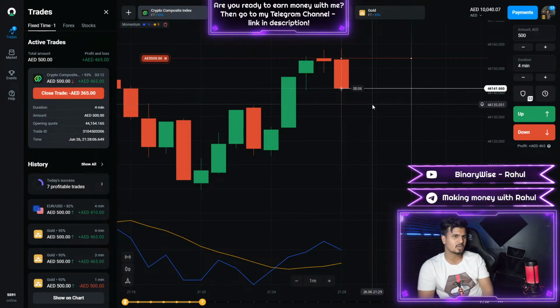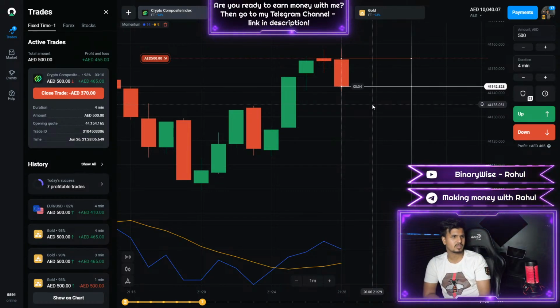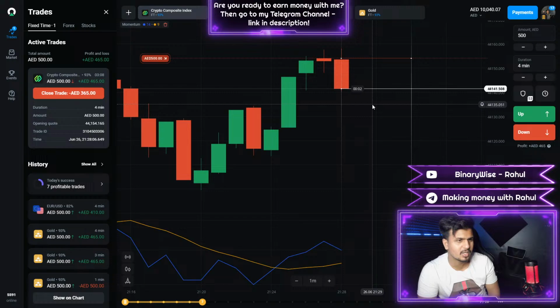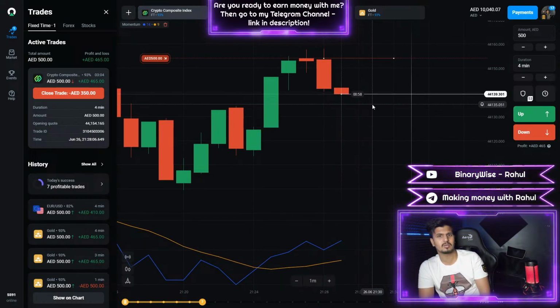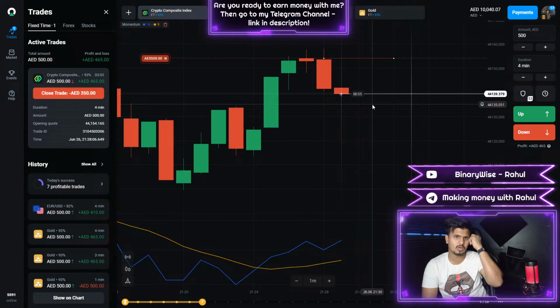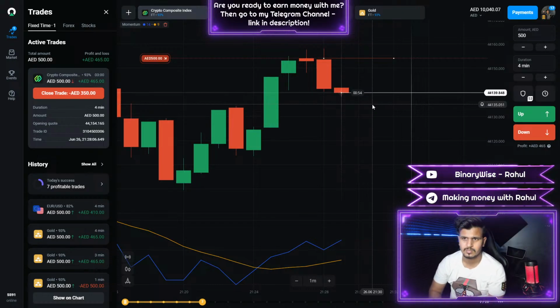Our trade duration is 4 minutes, and 3 minutes are left now. So we need it for the 3 minutes to move continuously downward instead of upward.